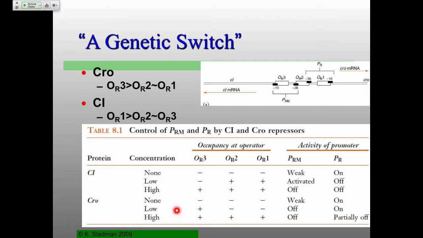In the case of low CRO, you have occupancy of OR3, which means that PRM is off, no occupancy of OR1 and OR2, which means that PR is on. So this is going to be lytic, this is going to be lysogenic.